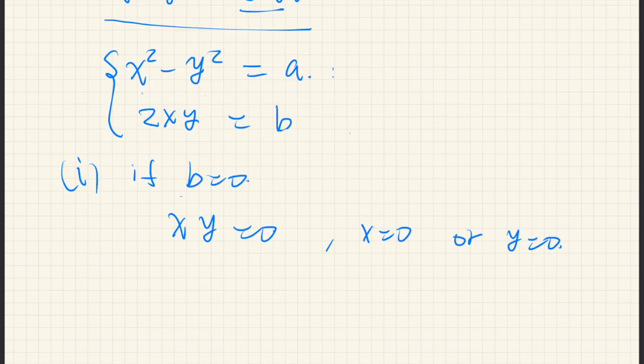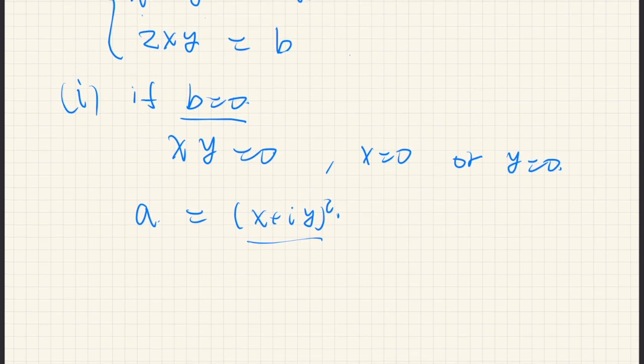If b is 0, then the given complex number is actually just a real number, and we want to find its square root. If a is non-negative, then its square root is just the square root of a. So that is the answer. And of course, it's plus minus, so we have this.